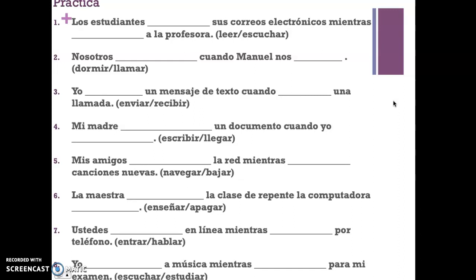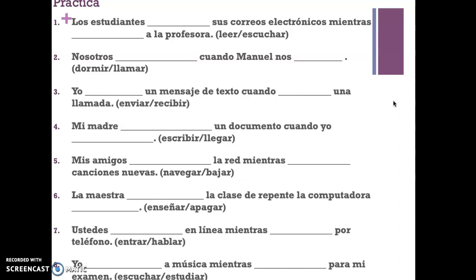As soon as you see mientras in a sentence, you know that both of the verbs are going to be imperfect. They're both ongoing events that are not interrupted. So let's take a look at the first one. Los estudiantes leer sus correos electrónicos mientras escuchar a la profesora. The students were reading their emails while listening to their teacher.